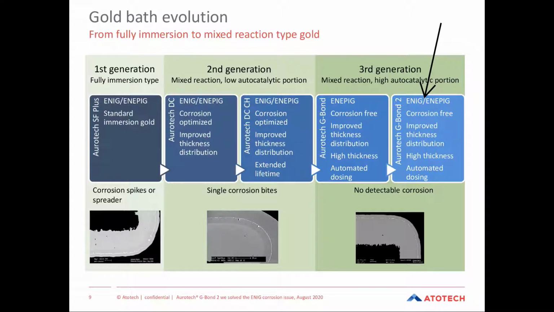We have further improved thickness distribution. We are able to plate high thickness on ENEPIG or ENIG, and we can use the same dosing system that we already have in place for the Aurotech G-Bond. If you look into the cross-sections of this base, you will really see that the cross-section is defect-free. But more on that later.